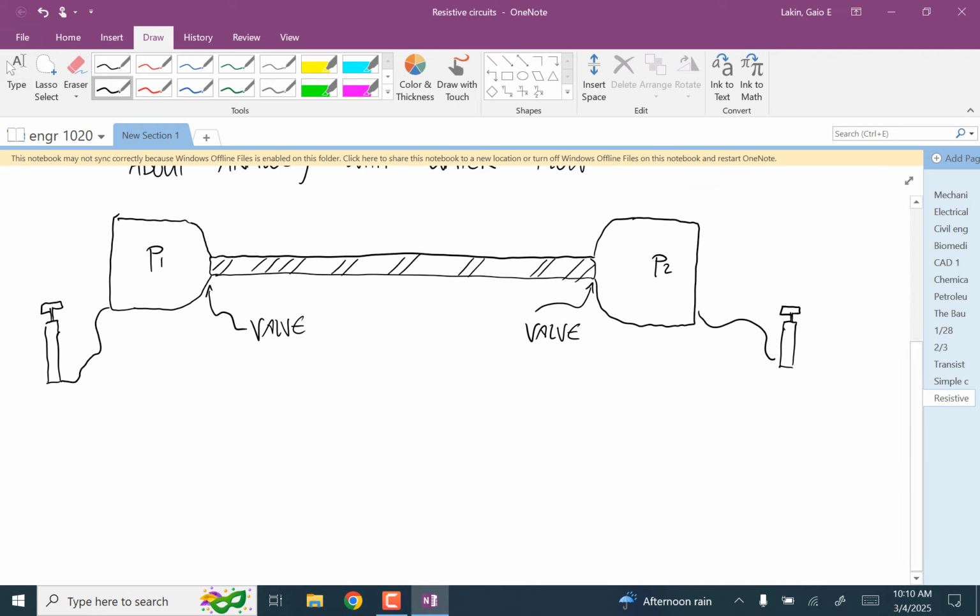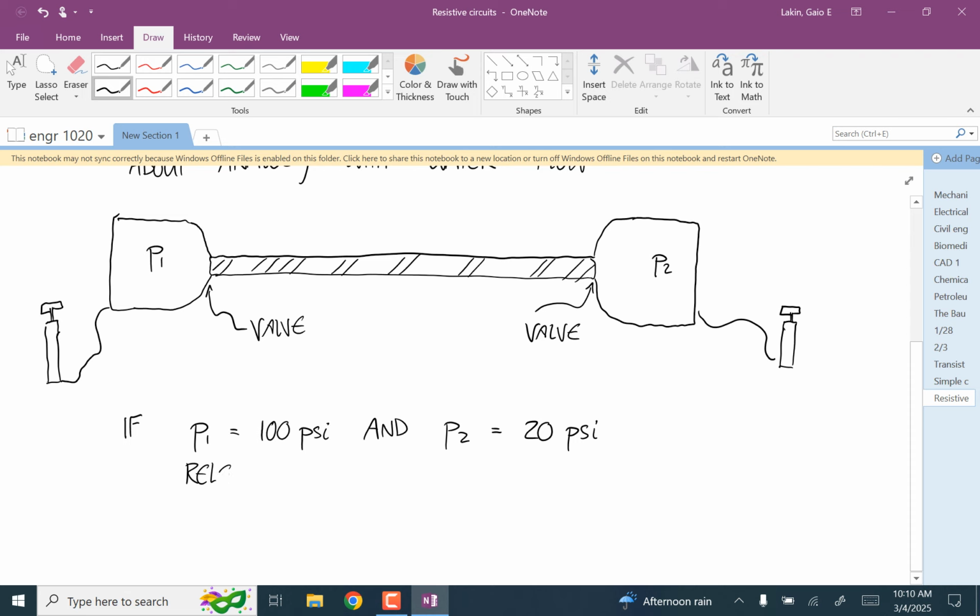So if P1 is cranked up to, let's say, 100 psi, like the pressure inside a bike tire, and P2 is, let's say, 20 psi, then when you release the valves, which way is the water in the pipe going to flow?